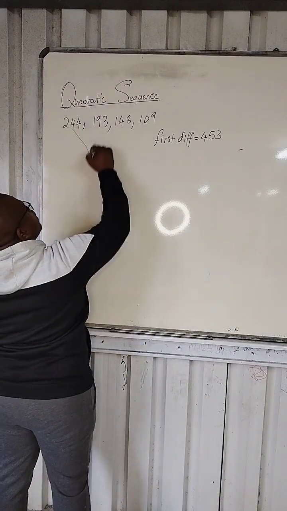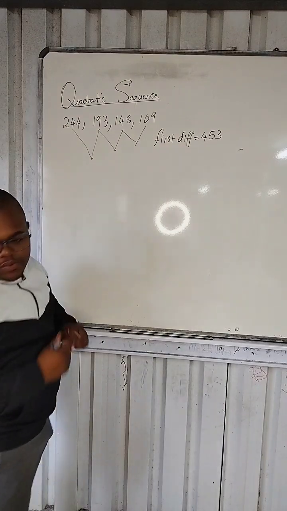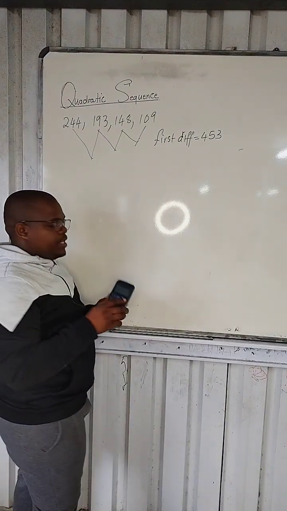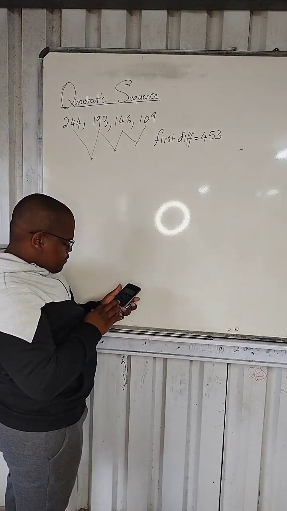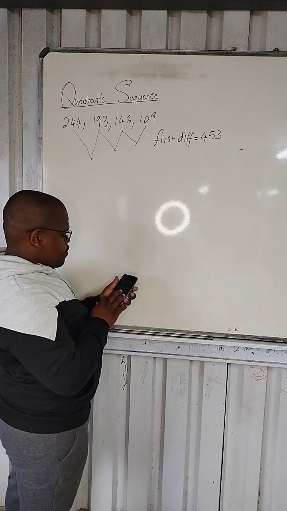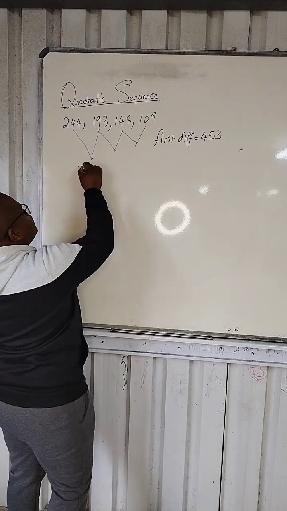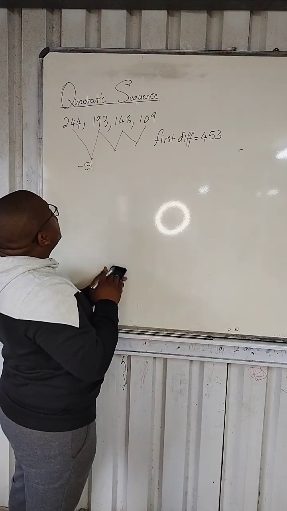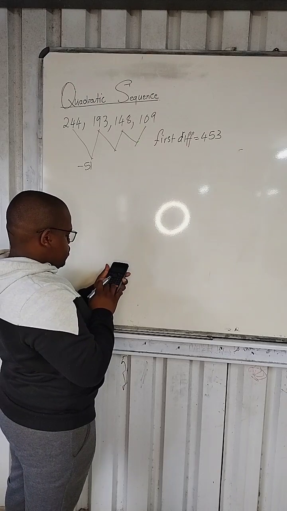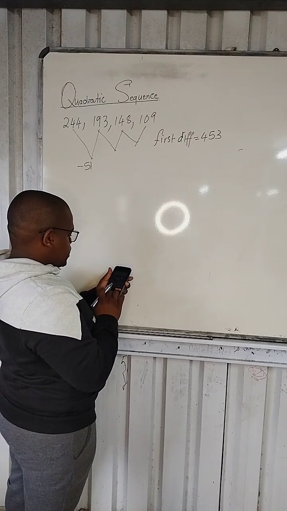Step number one, I'll look for the nth term. Now remember we are using our calculator. Let's go for it. We have 193 subtract 244. So here our answer will be negative 51. Again we have 148 subtract 193.